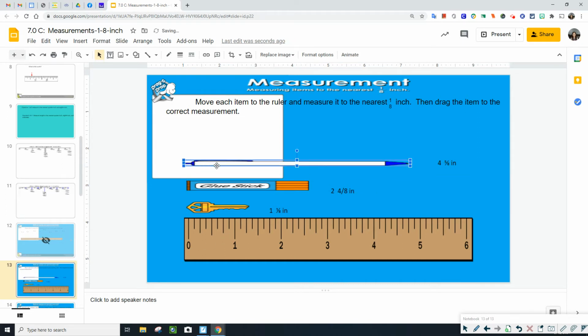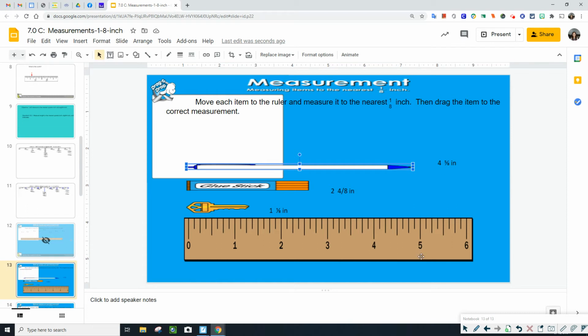Right now it's past the 0, so I need to make sure that it's lined up with that 0 mark, right about there. It starts at the 0, and when I go all the way down to my pencil, here's 4, so it's going to be in between the 4 and the 5 because the pencil is not to the 5 yet. So here's 4 and 1/8, 2/8, 3/8.